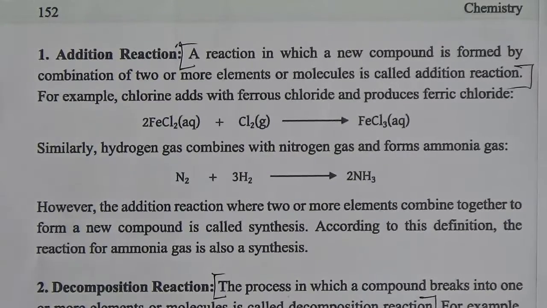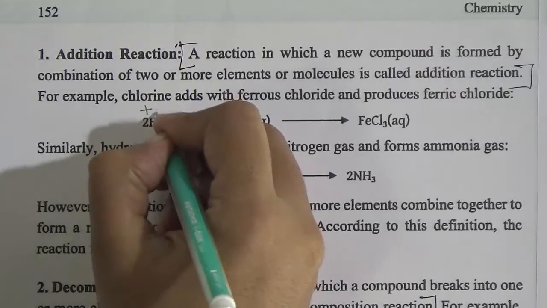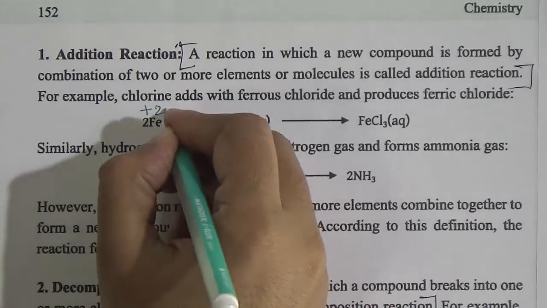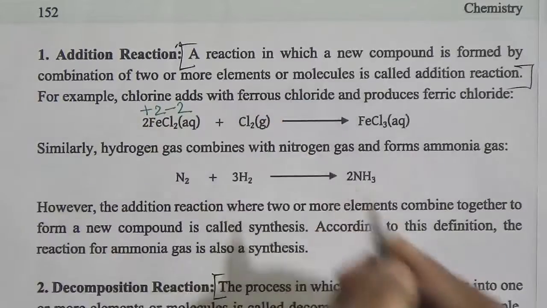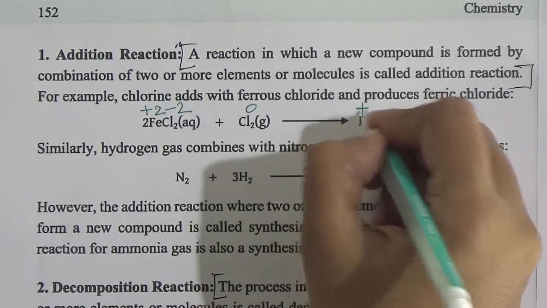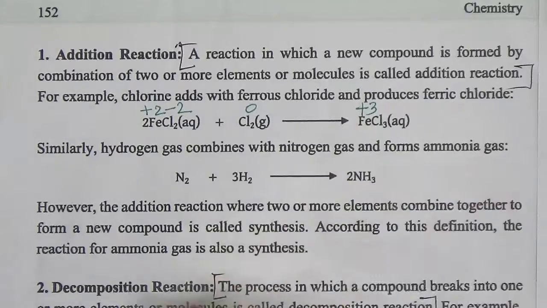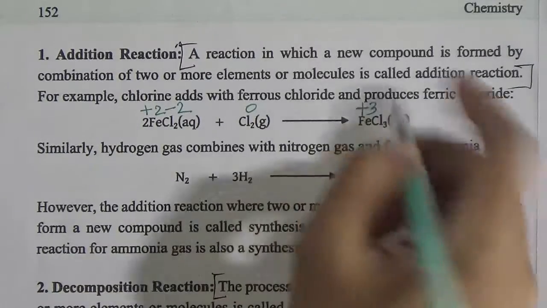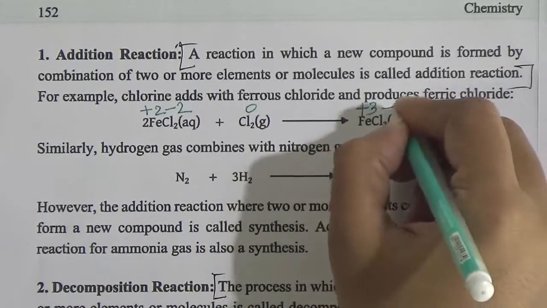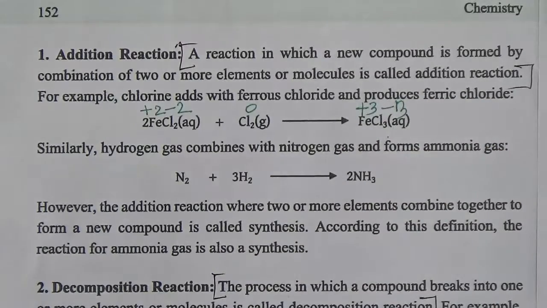Dear students, here the oxidation number of iron is +2, chlorine is -1, and here 0, but here the oxidation number of iron is +3 and chlorine is -1. And another thing you have to remember, where the oxidation number increases, there oxidation occurs.